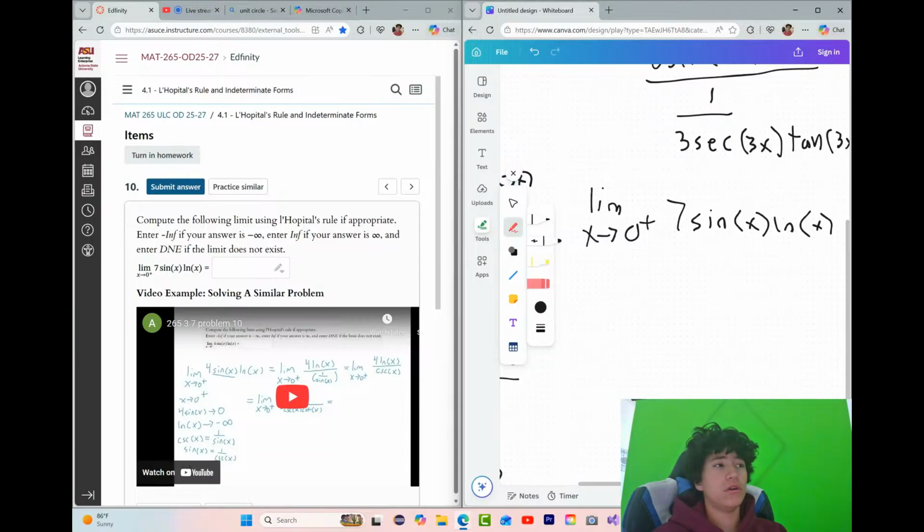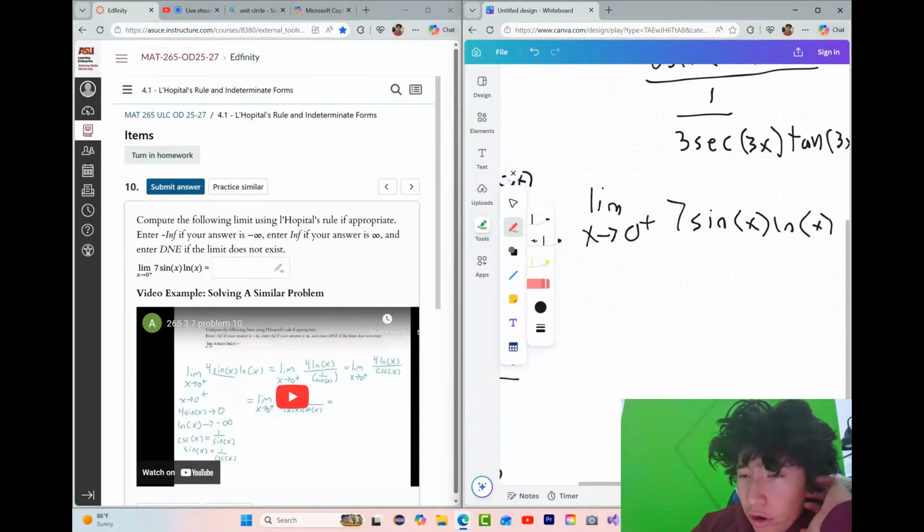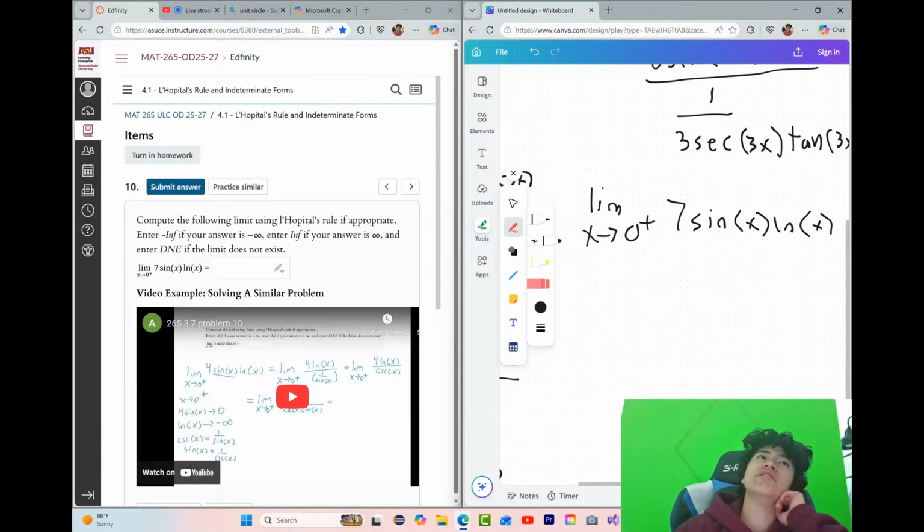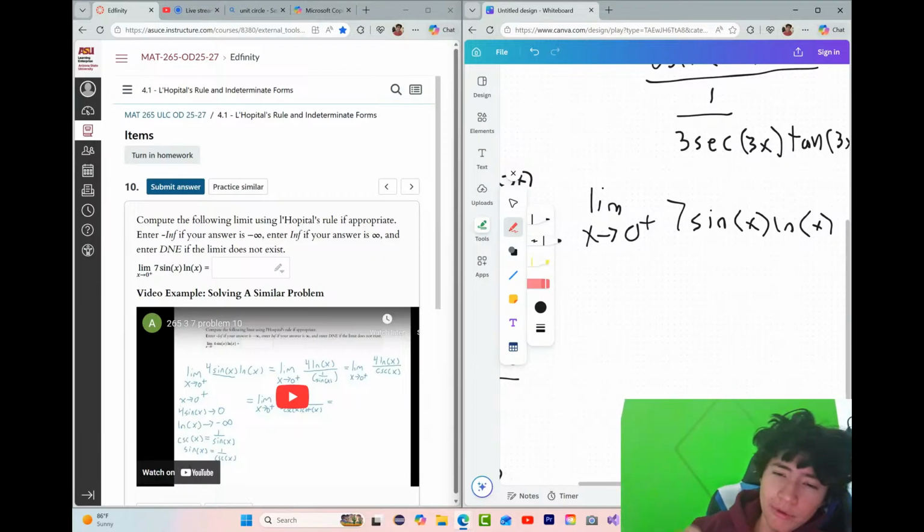That is e to the power of negative infinity, because 1 over e to the power of infinity is 0. Perfect. So we have 0 times negative infinity. That's an indeterminate form, and therefore we have to apply L'Hopital's rule.